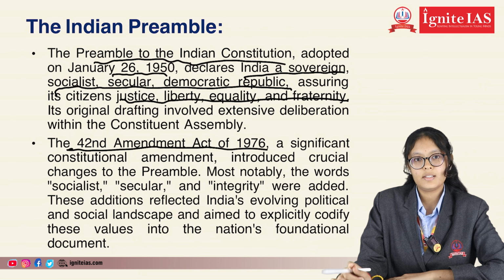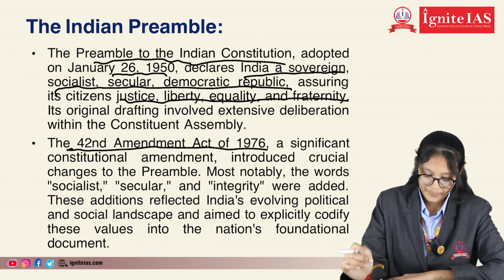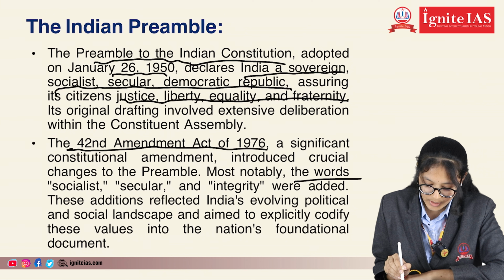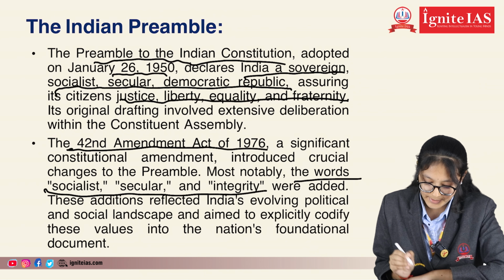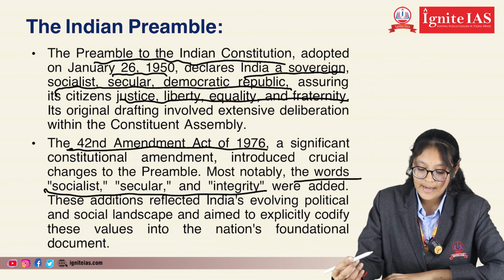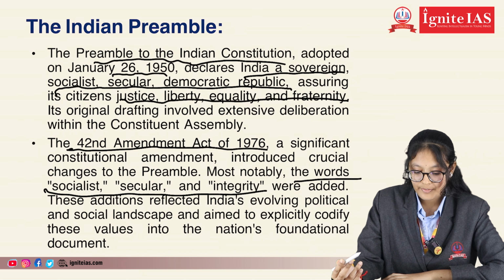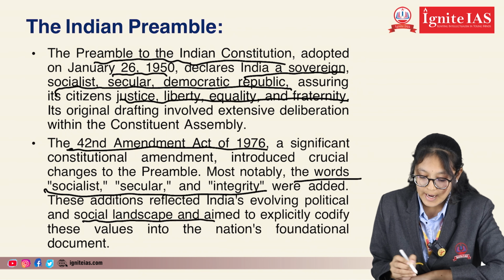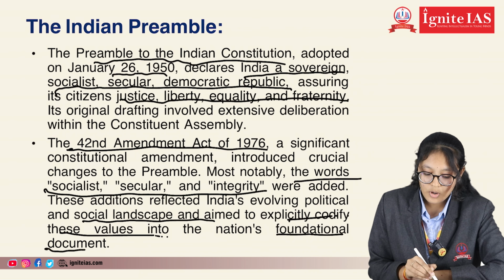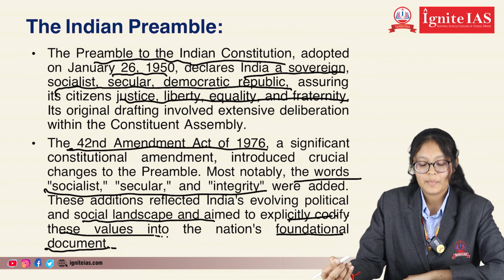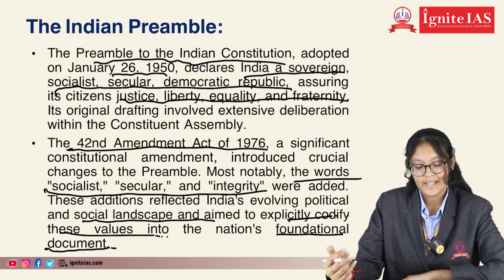Those are socialist, secular, and integrity. These additional terms reflected India's evolving political and social landscapes and aimed to explicitly codify these values into the nation's foundational document. So we also term the preamble as a foundational document for India.